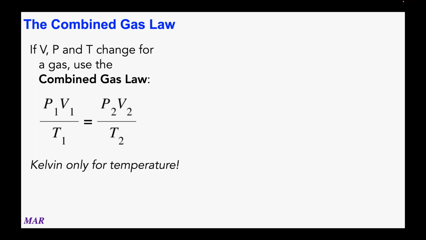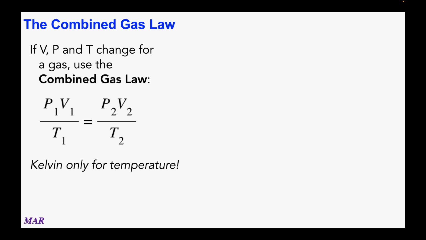Pretty cool. If you combine pressure, volume, and temperature into one expression, you end up with what's called the combined gas law, and it's pretty handy. Now, P1 V1 over T1 equals P2 V2 over T2. So if pressure, volume, and the temperature are all changing, then you can use this expression.